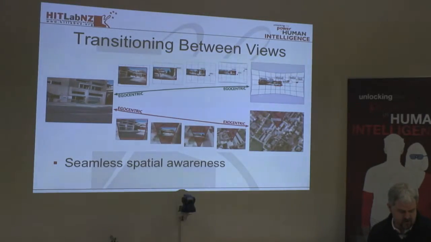The exocentric is a top-down view, a map view. Egocentric is a first-person view. So here's a top-down view, and then you can smoothly change into the first-person view, and then you see points of interest here. Or you can do it the other way, and you can move around and make the panorama as well. There's a video of this one.